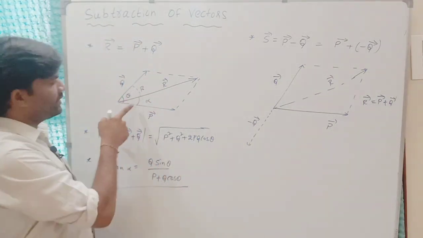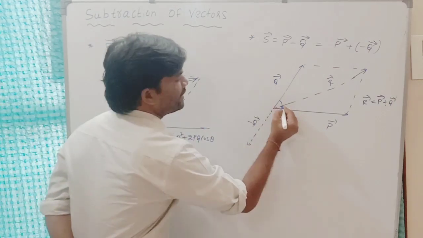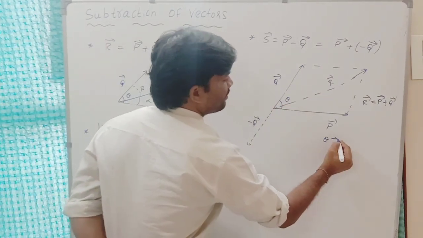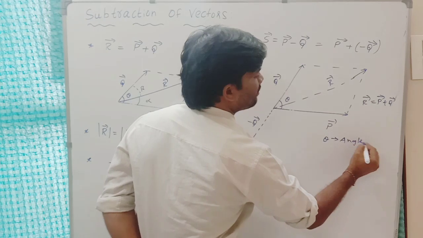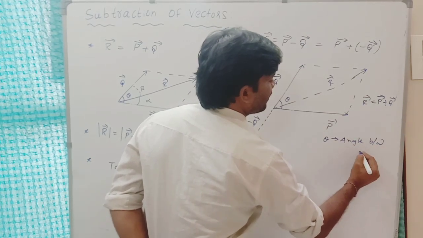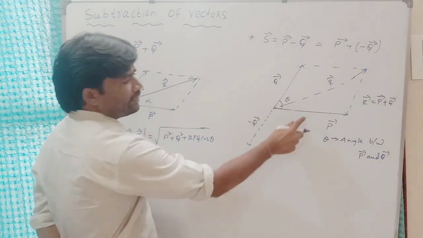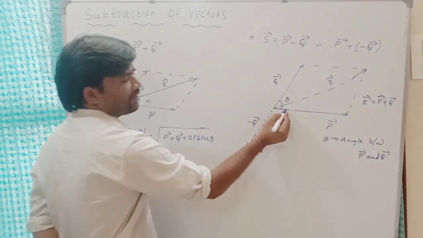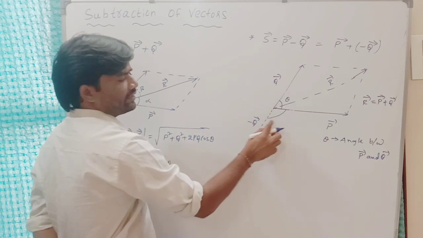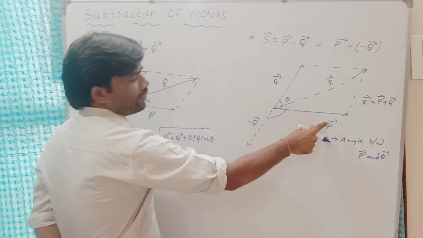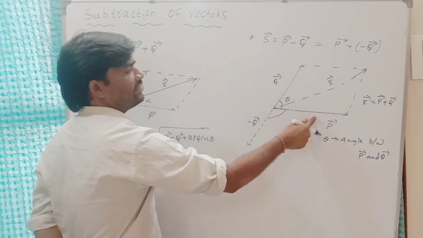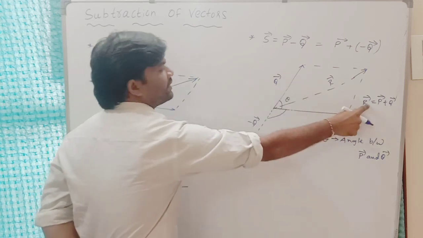According to this, if the angle between P and Q is theta, that is, the angle between the P vector and the Q vector, then what is the angle between the P vector and the minus Q vector? This. I need this. So what is required here is the sum of these two, not these two. The sum of these two is the R vector.